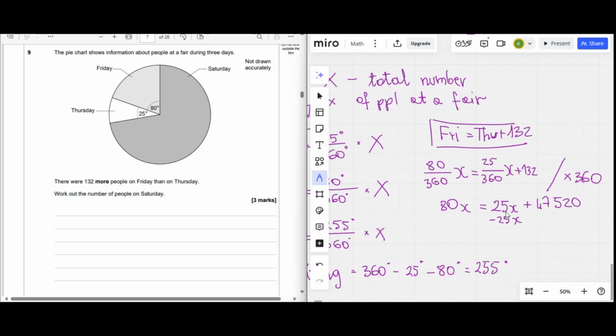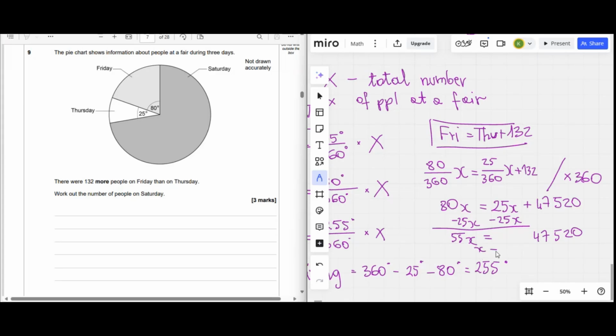Now we need to move that 25x. So I'm deducting from this side and from the other side. And thanks to that, here we would have only that number. There will be 0, it will cancel. And 80 minus 25 being 55x.